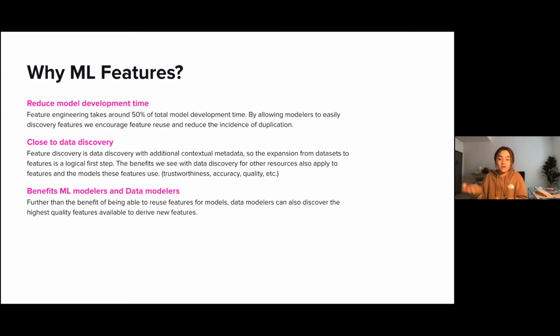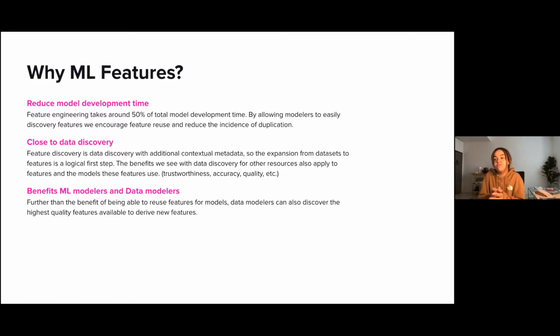And we can see a lot of the benefits from data discovery that are transferable to feature discovery, such as being able to trust the data that you're using to train your models, or making sure that it's a quality feature given the usage and other metadata that we present to you.